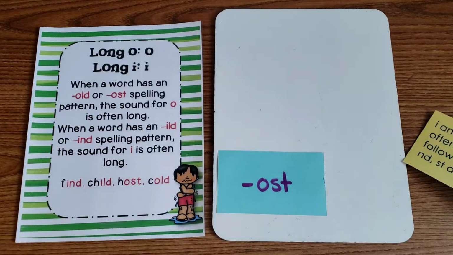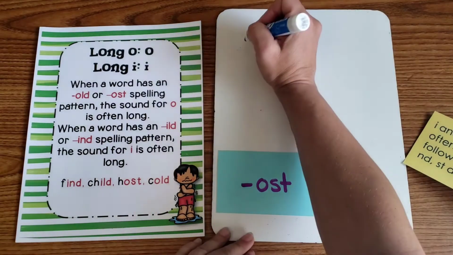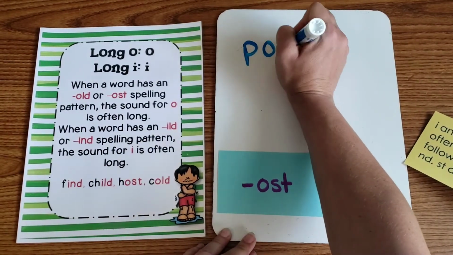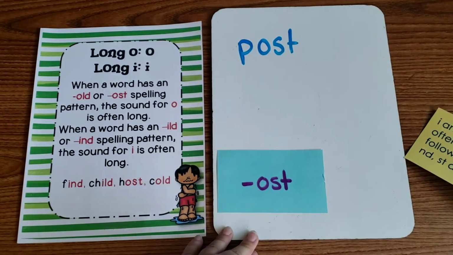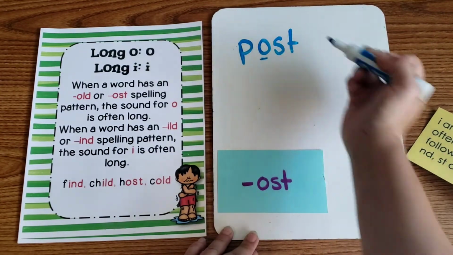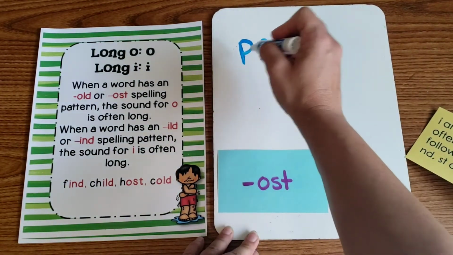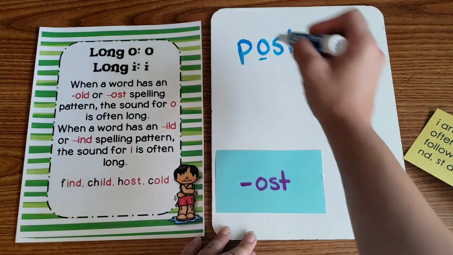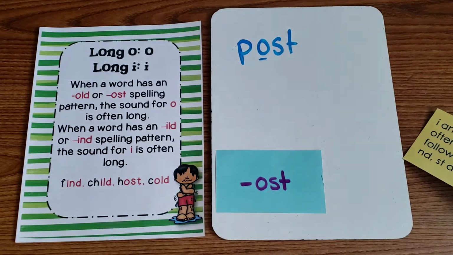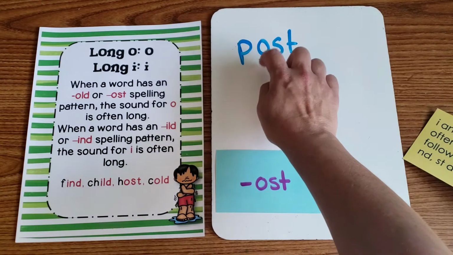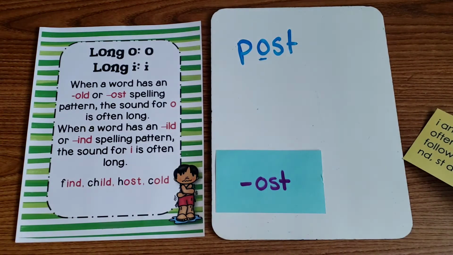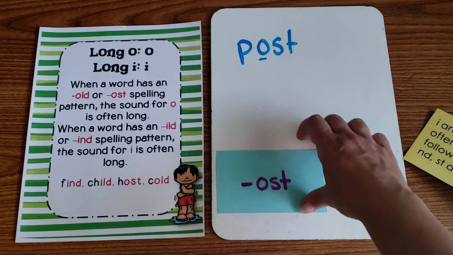Normally, we'd look at a word like post and we'd see that it was a closed syllable because the vowel is in the middle and it has consonants on both sides. So according to our rule, that would have a short vowel sound. But because it's one of our exceptions, it makes the long vowel sound. It's not post, it's post.